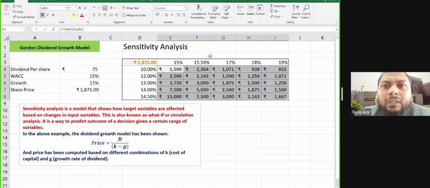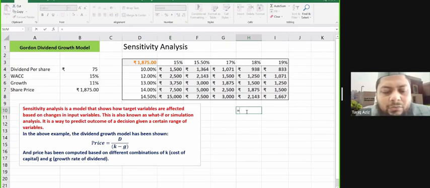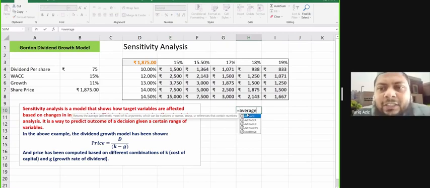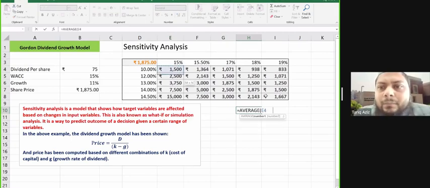So this whole table is basically the output, and in this row and column, we have input. And similarly, we can increase the size of the table also. I mean, it is up to the nature of the problem. So we can now calculate the average also, that what is the average expected share price depending on different combinations.